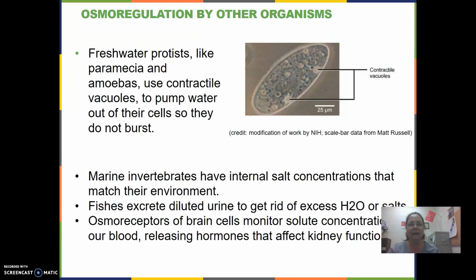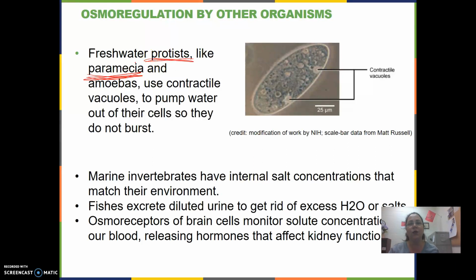Here is an organism that you can find easily if you take a drop of pond water and look at it under the microscope. This is an organism called a paramecium, and it's from the domain Eukarya, because it does have a nucleus and organelles, and it's from the kingdom Protista. So it's called a protist.